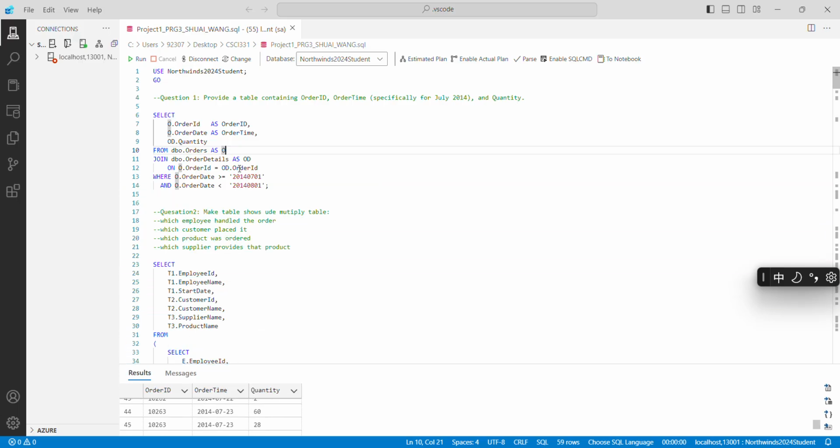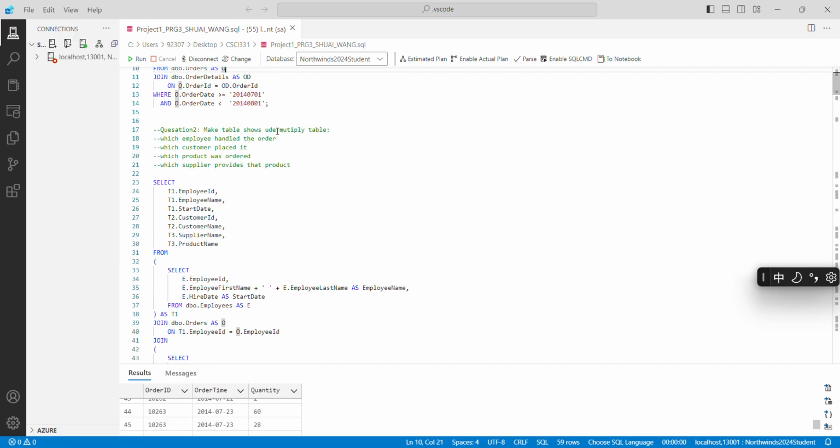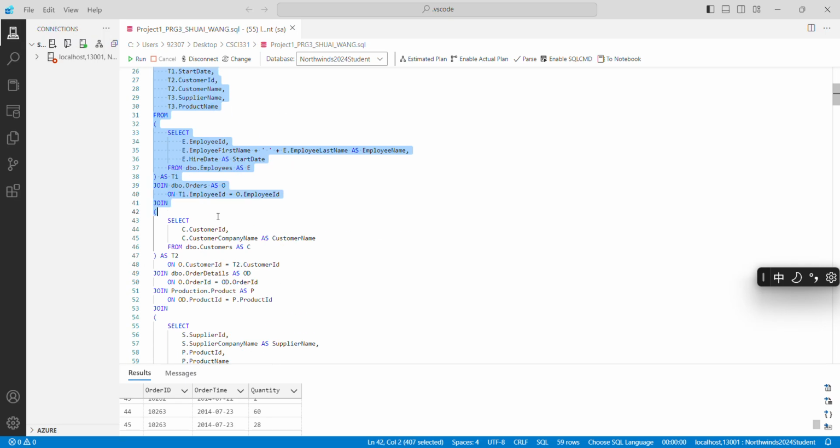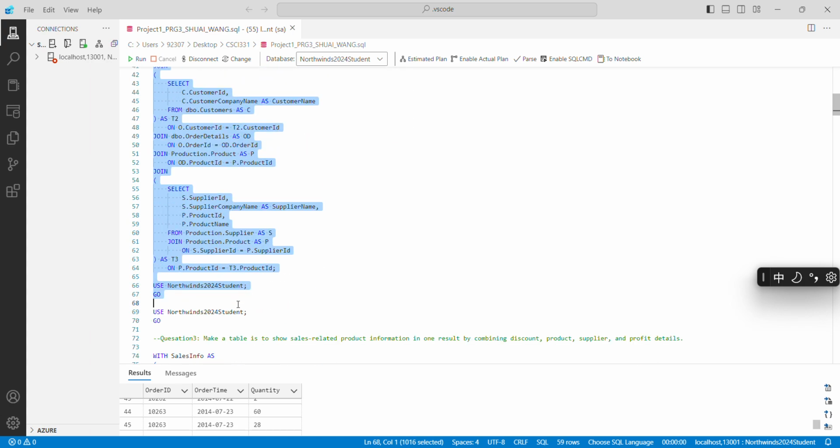Okay. Question 2. Make a table using multiple tables, which implies handling the order, which customer placed it, which product was ordered, which supplier provides that product.